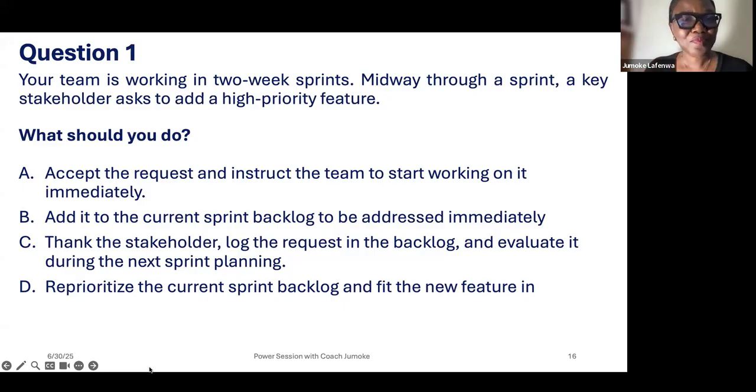Thank you. So I'm counting now. 12, 13, 14, 15.